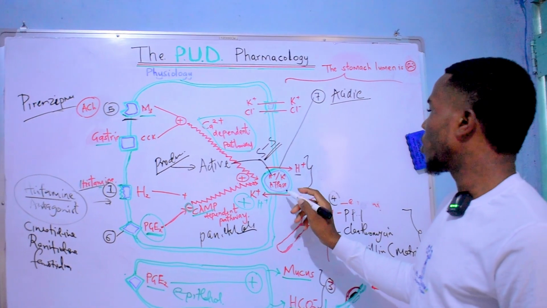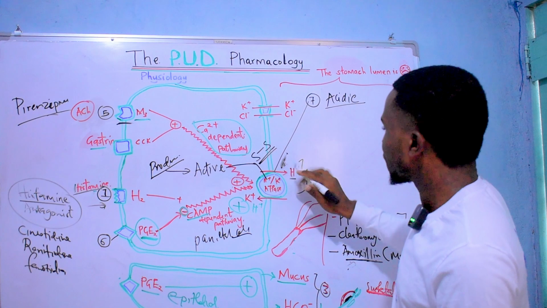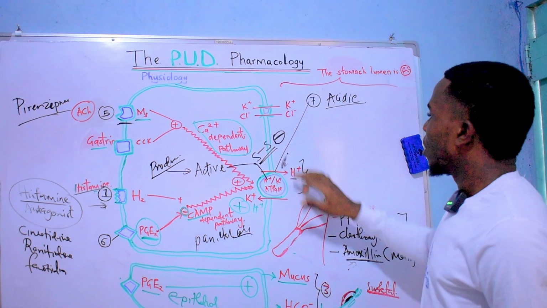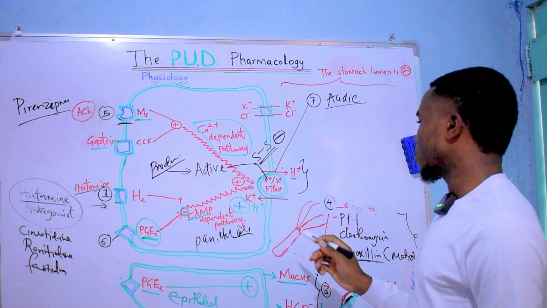Now when that covalent bond is formed, this enzyme is inhibited, and the process is irreversible.